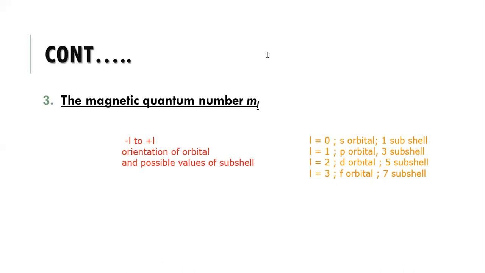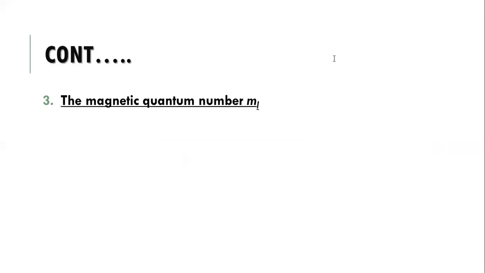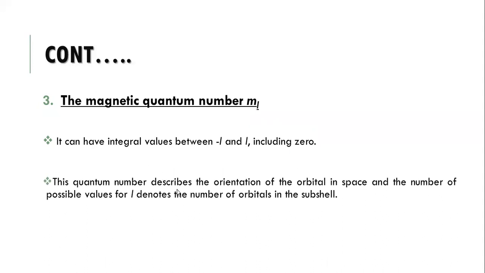Now we will go through the notes. When we speak about the magnetic quantum number, ML, it can have integral values between minus L and plus L, including 0. The quantum number describes the orientation of the orbital in space. The number of possible values for ML denotes the number of orbitals in the subshell.